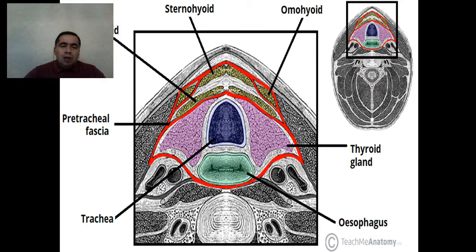The spaces of the neck have a great correlation and connection with the spaces of the face, and inferiorly they pass to the pectoral cavity or the chest cavity. Here the mediastinum, which I'll explain during our next lecture.